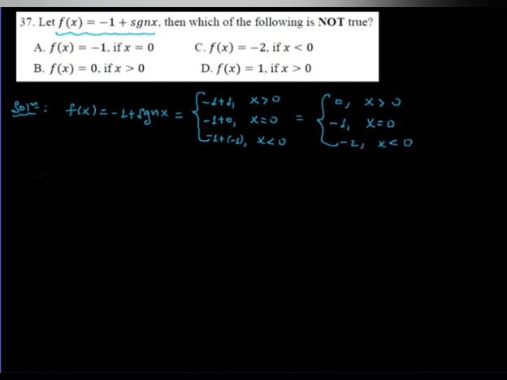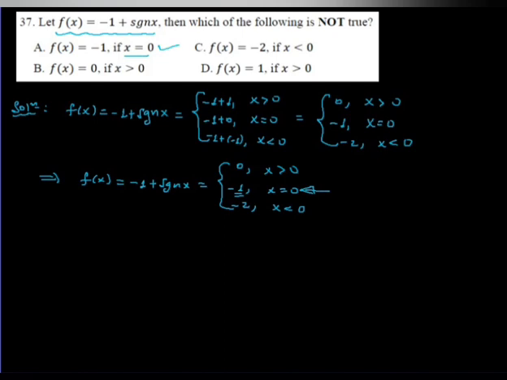So this function f of x equals minus 1 plus sgn of x can be expressed as 0 for x positive, minus 1 for x equals 0, and minus 2 for x less than 0. Now let's see which of the choices is wrong. f of x becomes minus 1 for x equals 0, therefore it is true.